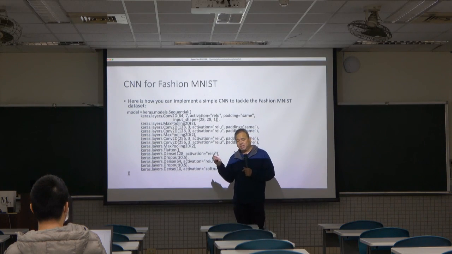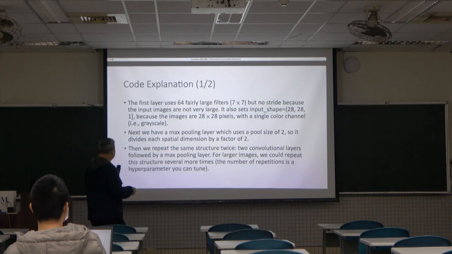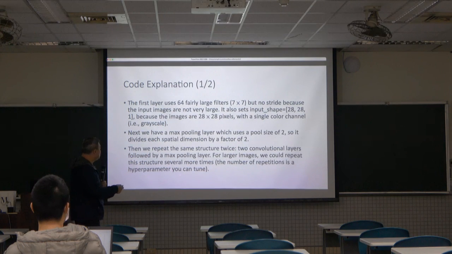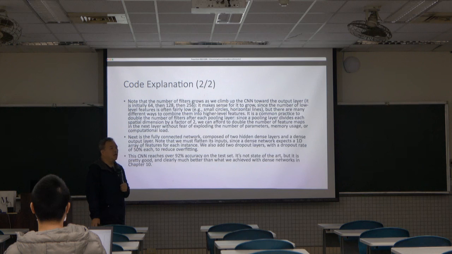After you train this model, it reaches over 92% accuracy on the test set. In the previous architecture, we didn't get such a high accuracy; we normally got something like 89%.